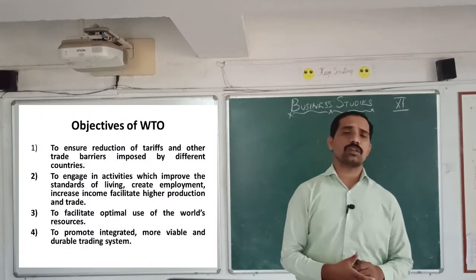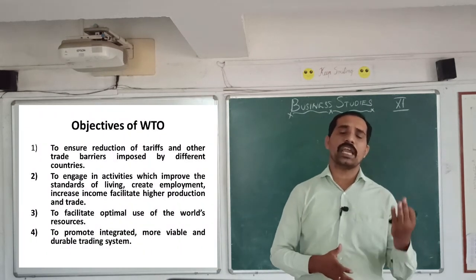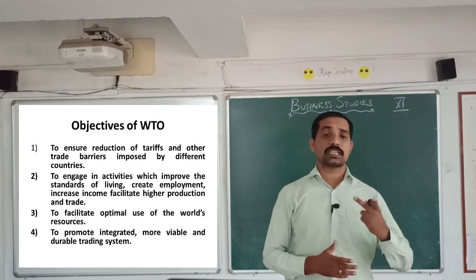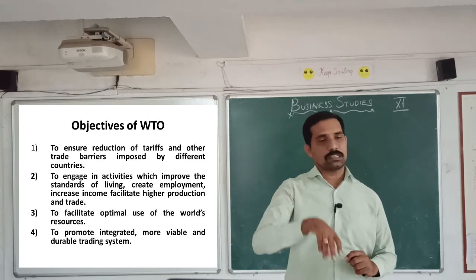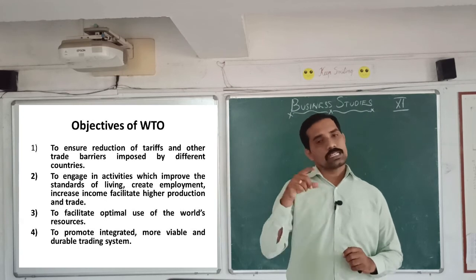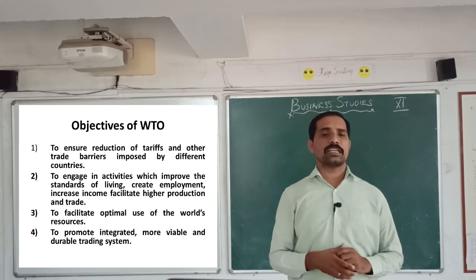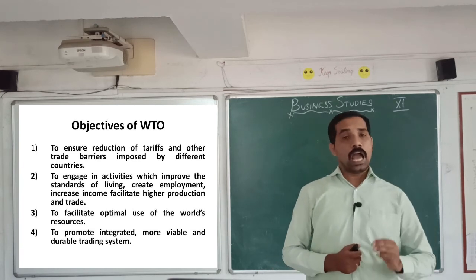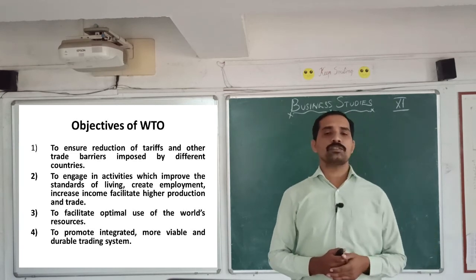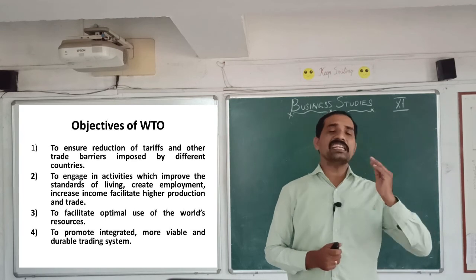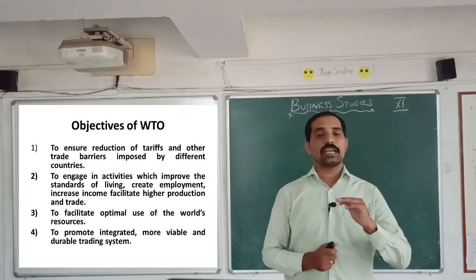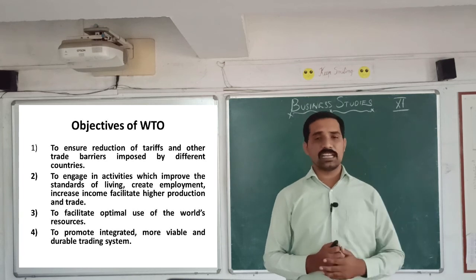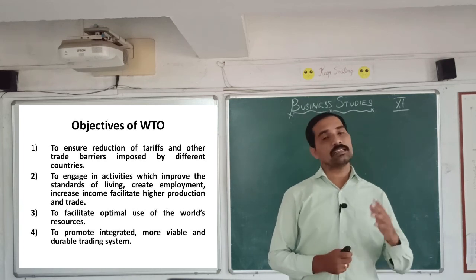Then the objectives of the World Trade Organization: to ensure reduction of tariffs and other trade barriers imposed by different countries. That's the first one. Second one, to encourage activities which improve the standard of living, create employment opportunities and increase income, facilitating higher production and trade.